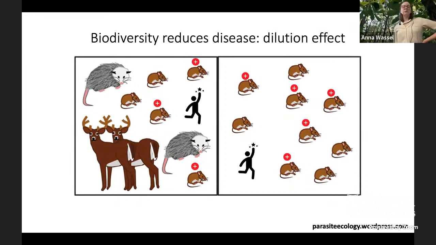So biodiversity can mediate disease by a variety of mechanisms, but one that is easy to illustrate is what we would call encounter reduction. So on the left, we have a diverse range of hosts to Lyme disease. We're focused here on a focal organism, a human being, and a focal disease, Lyme.